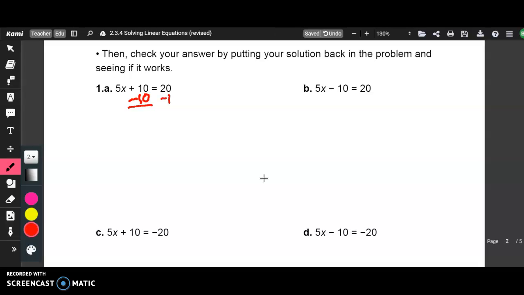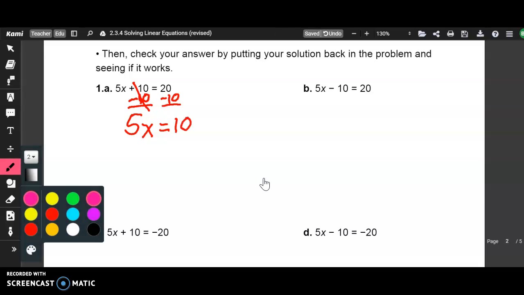Then I'm going to subtract 10 from the other side because I want to maintain equality. 10 minus 10 is 0, so I can cross that out. And I get 5x equals 20 minus 10, which is 10. So what I have now is 5 pouches equals 10 coins.